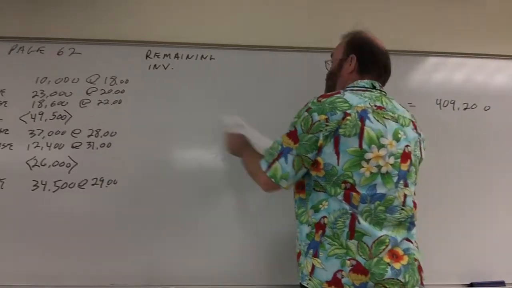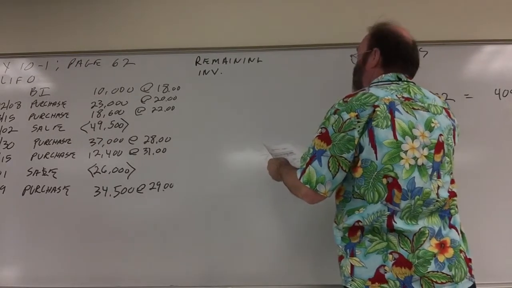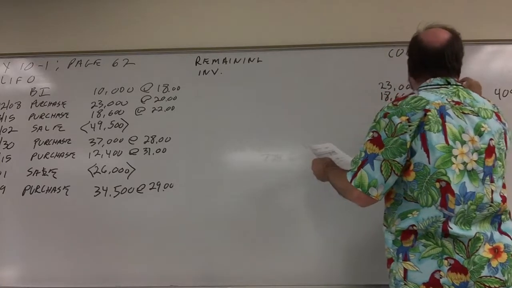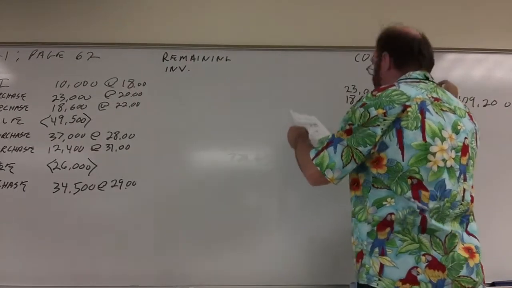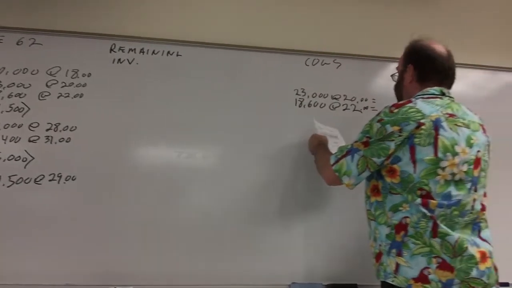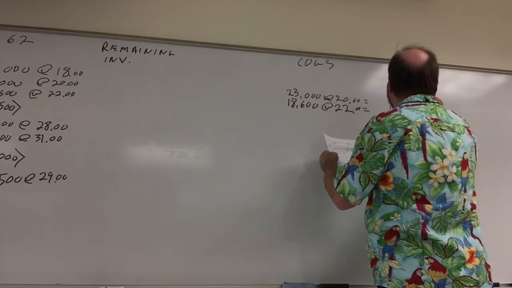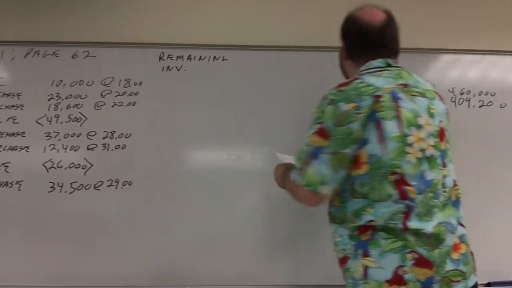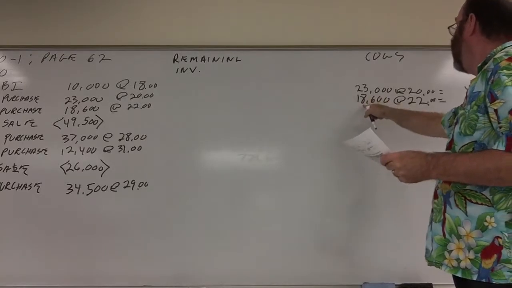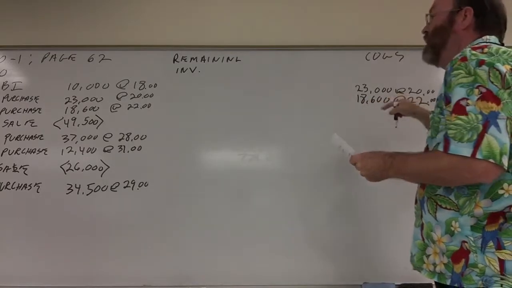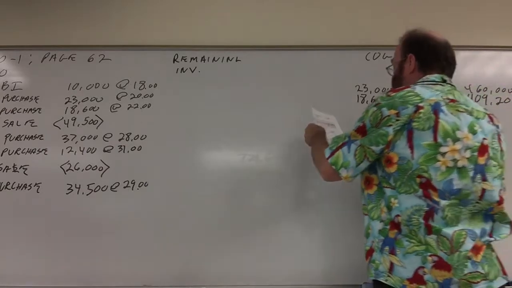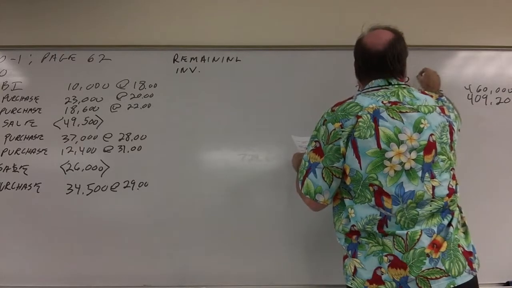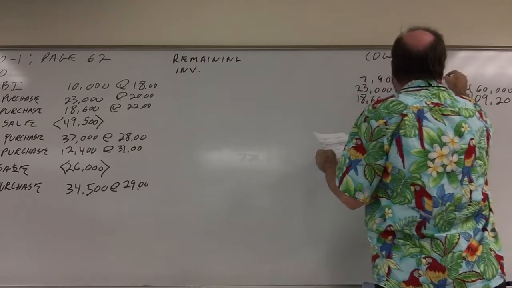And then we're going to sell the 23,000 at 20. And that is 460,000. And that leaves us, because that's 41,600, and we sold 49, so we have 7,900 of the $18 batch.